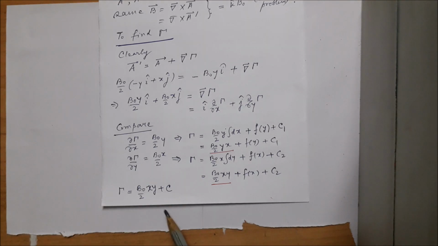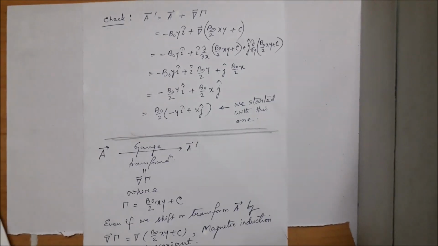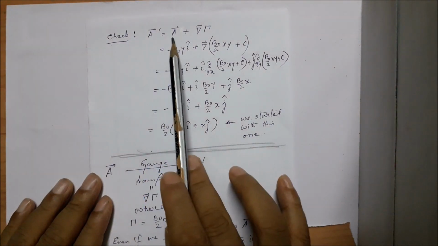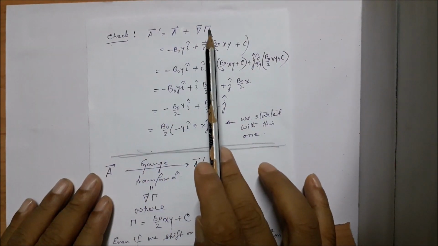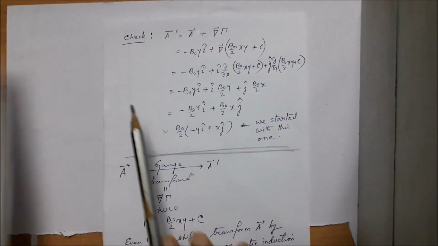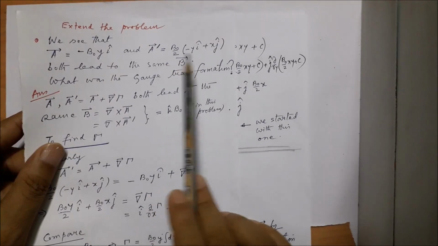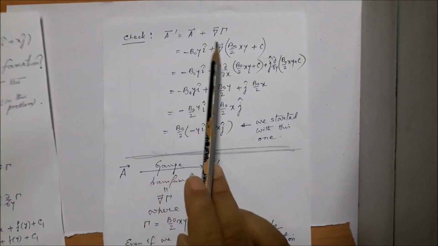Now lastly, let us check whether the gamma we obtained is correct or not. So let us check it. Let us start with A prime equal to A plus grad of gamma, and the value of A prime was this thing. We are not taking it now, we are deriving it from this expression.